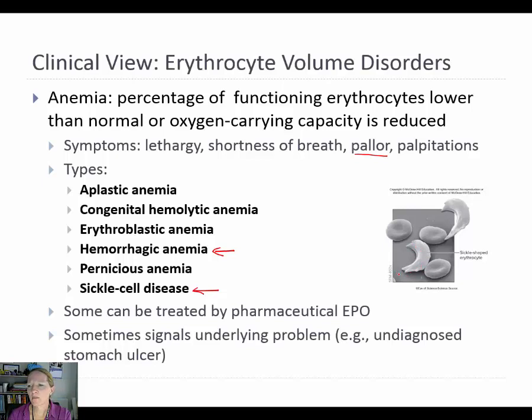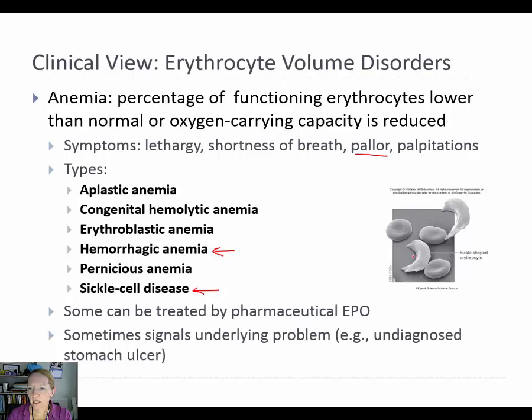And if you just imagine all of the issues with this, it's not going to be able to carry as much oxygen. It's going to get stuck in different blood vessels and things like that. So lots of different issues come about with sickle cell anemia.